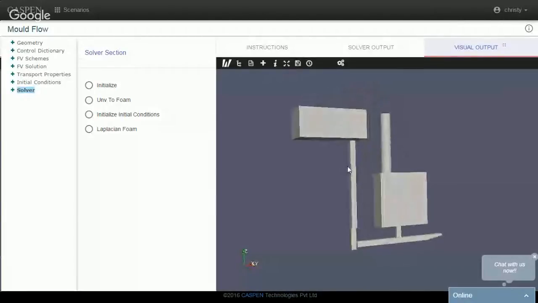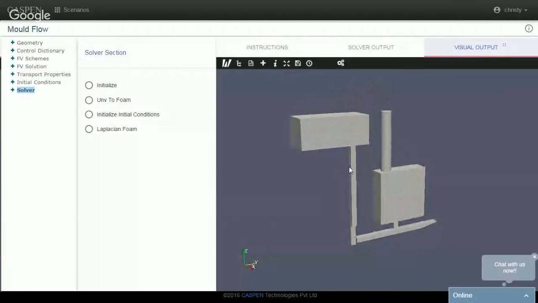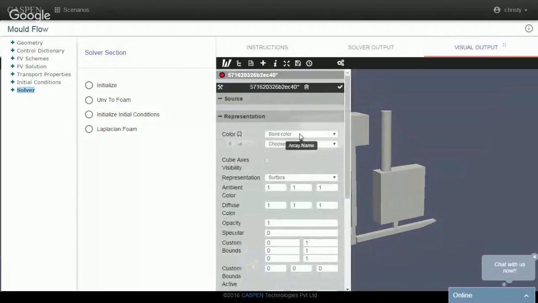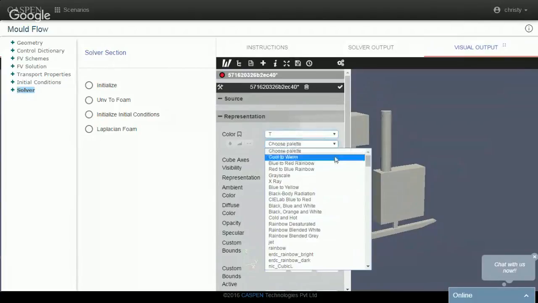So you can move the model around within the browser itself and position it. So we open the inspector panel, open representation, and change the palette, probably put blue to red.